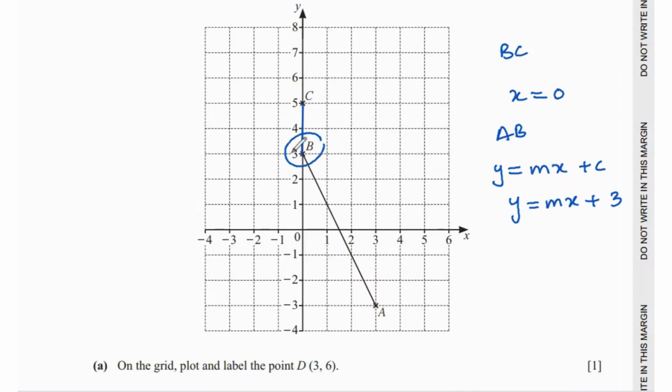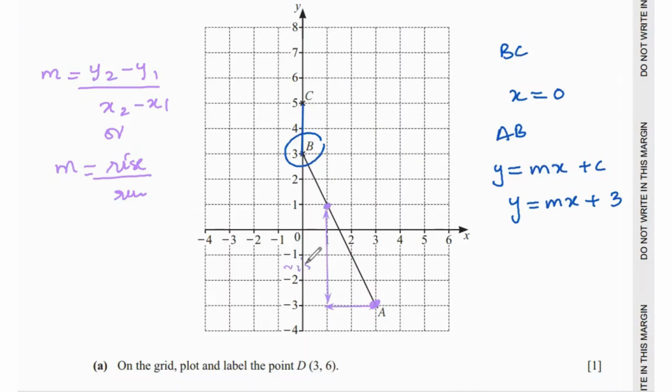For m, we can pick 2 points and find the slope. So if I pick this one and this one, slope is going to be y2 minus y1 over x2 minus x1. Or you can also use rise over run. So if I talk about rise over run, this is our run, this is our rise.